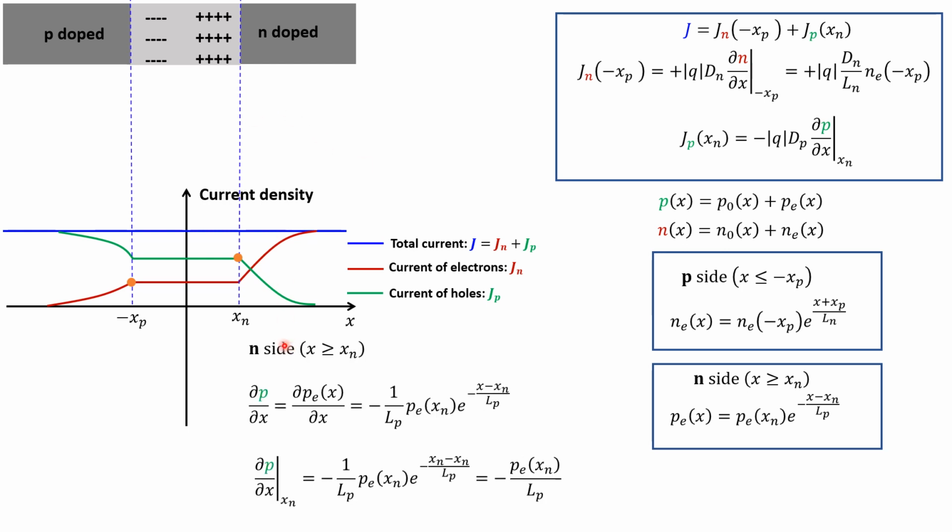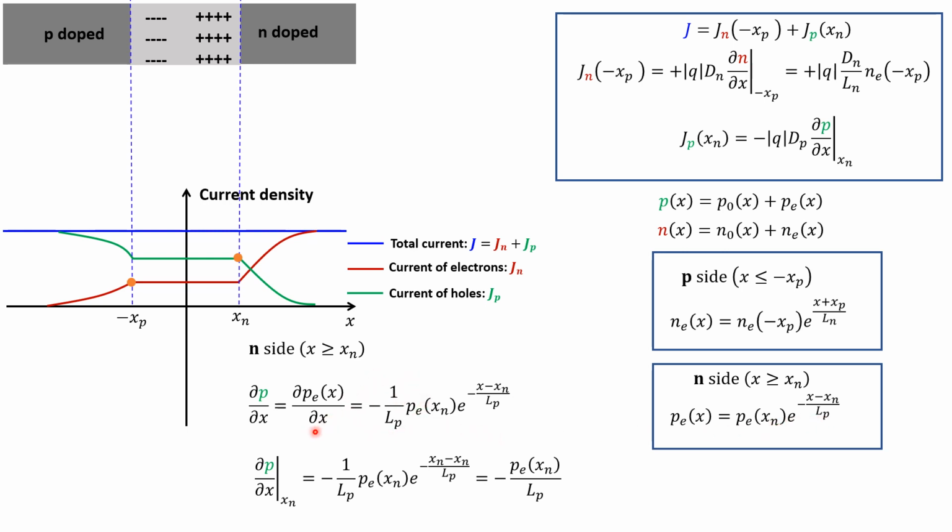Now we evaluate the derivative of the concentration of holes in the n side. We again have two contributions, but this derivative here is 0, because in the n side this is not a function of x, it's constant. So we have only this term contributing to the derivative, and this derivative reduces to this, so all we need to do is evaluate this derivative. We have the exponential of minus x over Lp, so the derivative will drop this term.